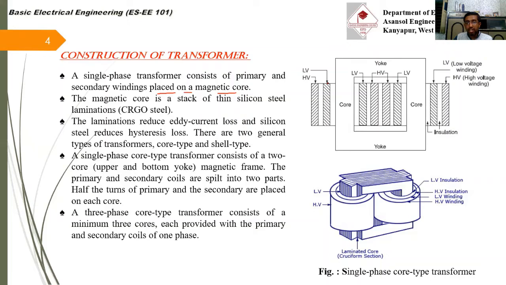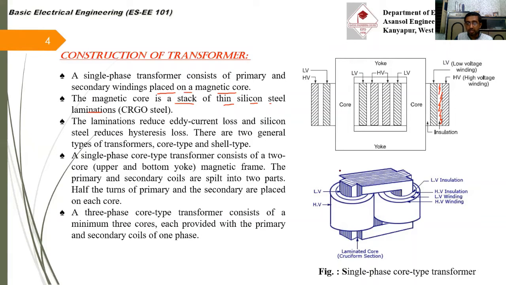Here first the low voltage winding is given, and then around it the high voltage winding is given. Similarly, on the other side also, first the low voltage winding is given, then the high voltage winding. In between low voltage and high voltage, there will be insulation.